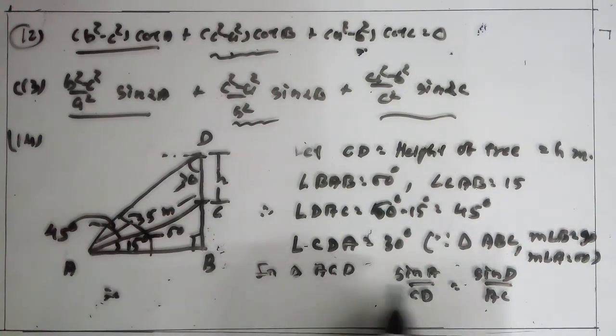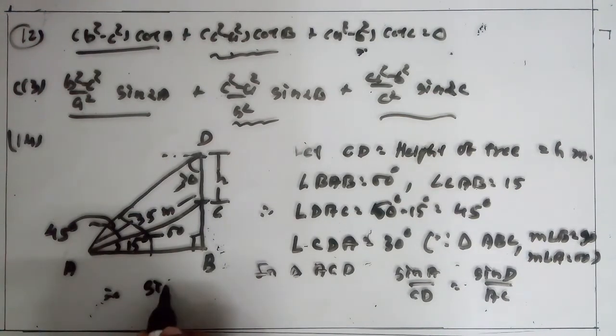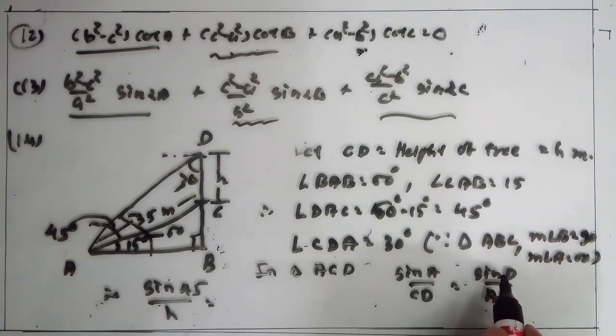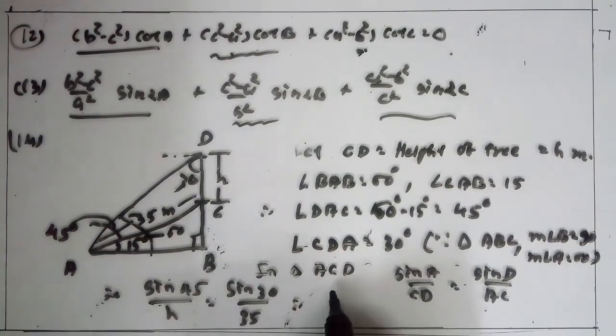Here the value of A is 45, so sin 45 upon CD. CD is the height of the tree. Sin D is 30 upon AC. AC is 35. Clear this? Therefore, sin 45 is 1 upon root 2, into 1 upon h, that is h root 2, is equal to sin 30, which is 1 by 2, into 1 upon 35.